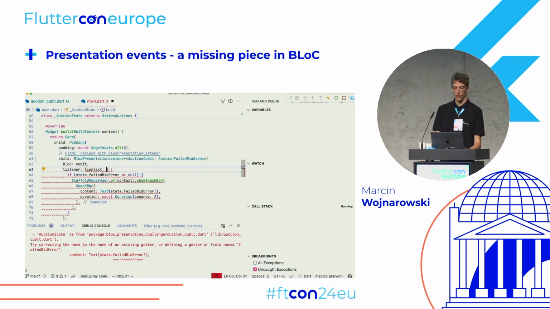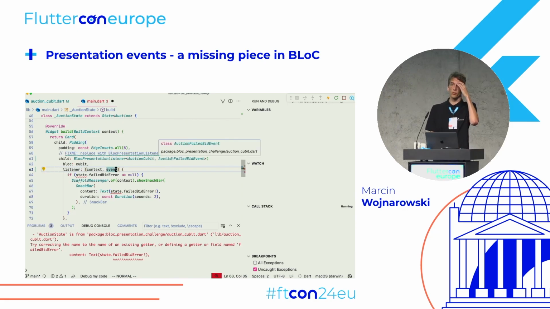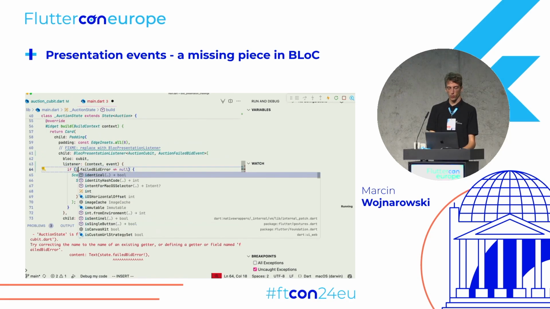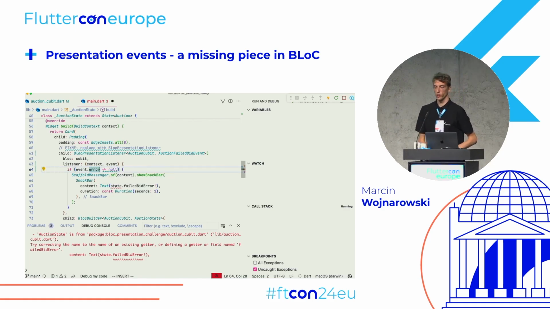Over here, we don't actually have the state. We have the event. In our case, since the type of the event is only this, we know that the event can only represent the event of failing to bid. But of course, if you were to use a union type here, then you could represent different kinds of errors. So here, the difference is that now we can reference the event and its error. And one thing that is even better is that we don't have to compare with null, because we know that whenever we got this event, that means we are supposed to be showing the error.